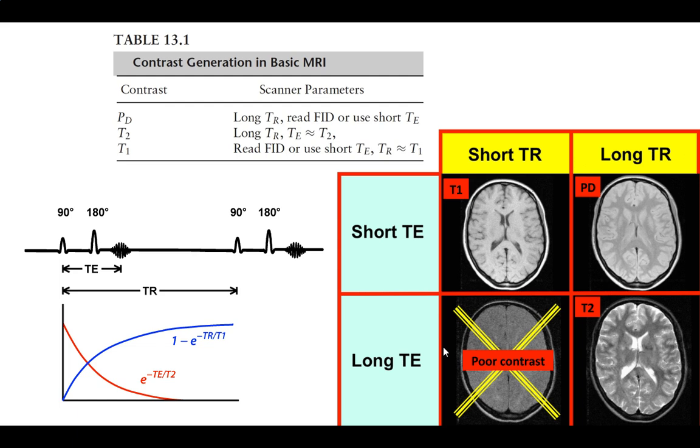To understand this one, it's actually kind of a mixture of these two. We basically want to kill both the T1 and the T2 signals because the proton density signal is weaker than either of the other two. So we've got to make both of those other ones go away. We do that by making TR really, really crazy long, which basically kills off your T1.